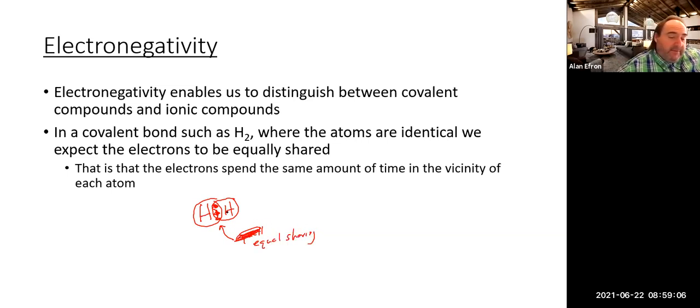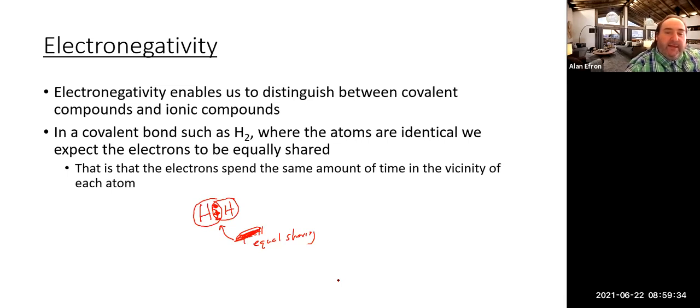That's because we have a hydrogen on one side pulling those electrons, and an almost identical hydrogen on the other side pulling. If you think about it like a rope, they're both pulling on the rope pretty equally. The rope is probably not going to move very much. And the same thing with those electrons: they're going to be bound to each of those atoms pretty equally and shared equally.